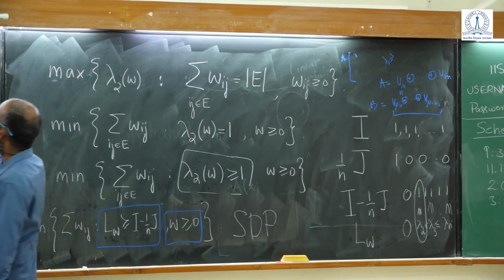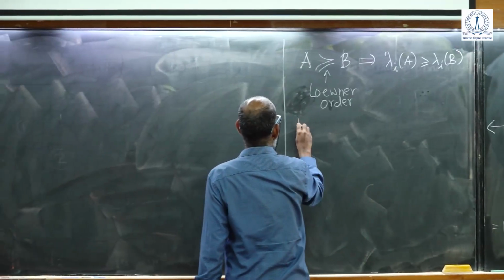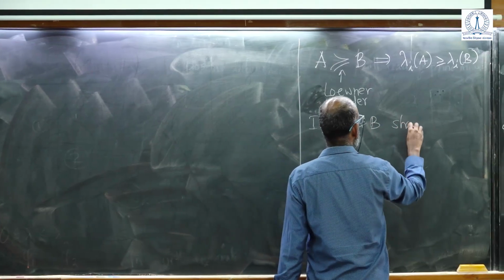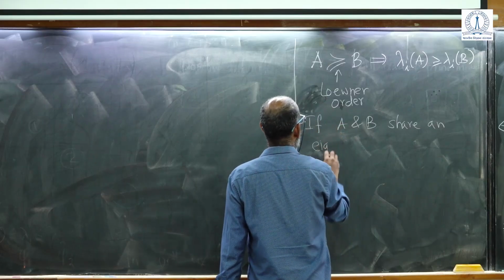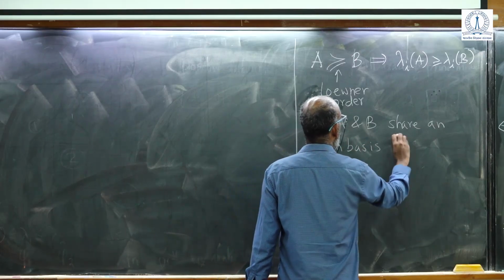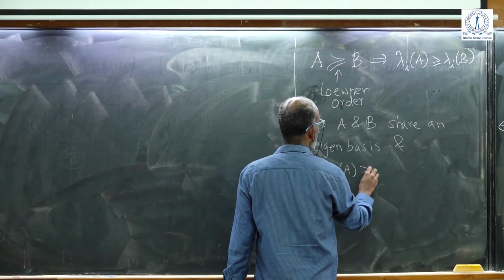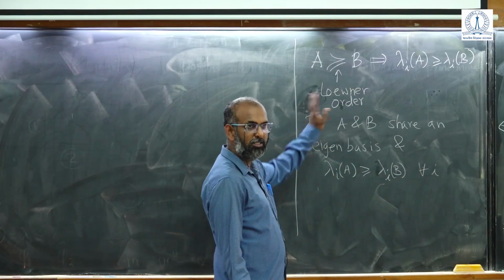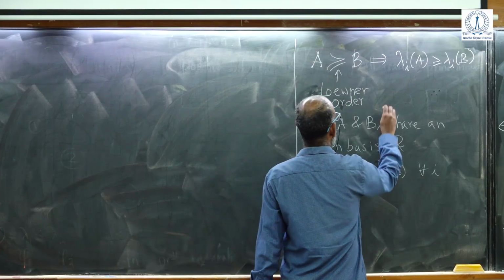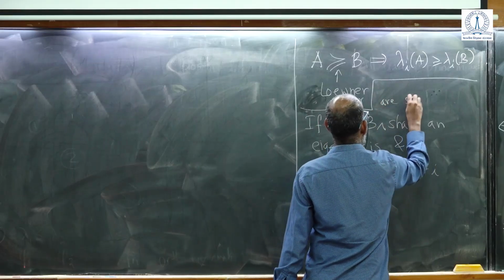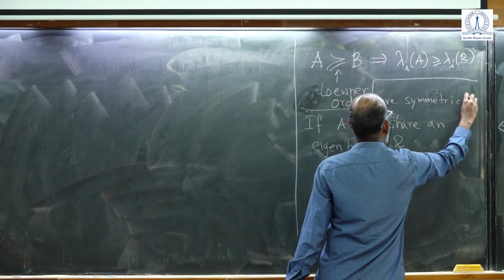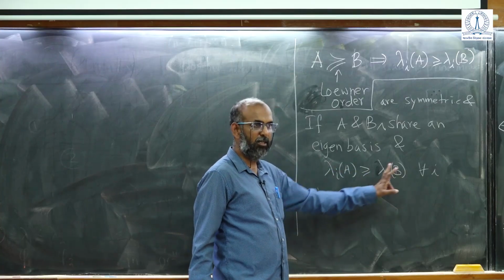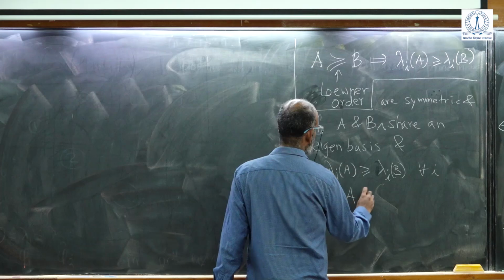So if A and B are symmetric and share an eigenbasis, and lambda_i of A is greater than or equal to lambda_i of B for all i, then we also have the inclusion the other way.